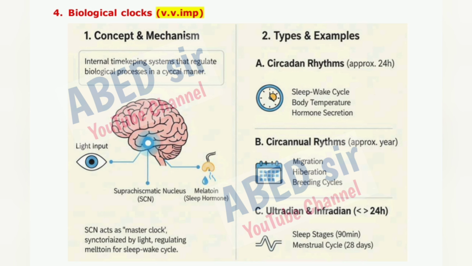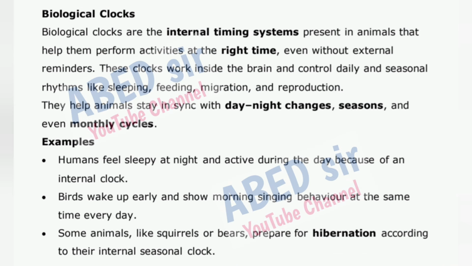Next important short question is 4. Biological clocks. Biological clocks are the internal timing systems present in animals that help them perform activities at the right time, even without external reminders. These clocks work inside the brain and control daily and seasonal rhythms like sleeping, feeding, migration, and reproduction.